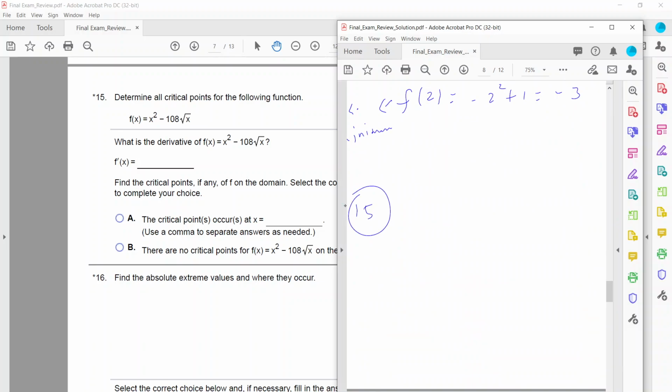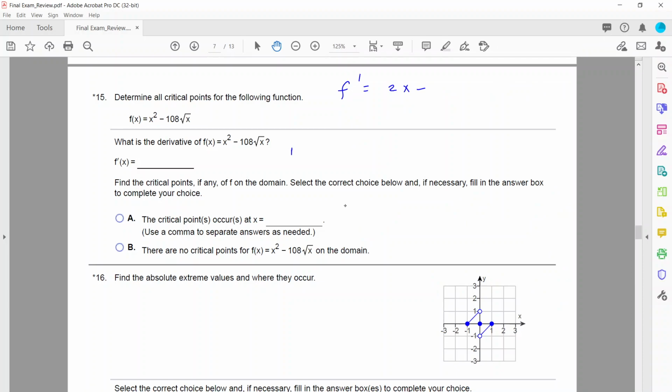The derivative of x to the power half is half times x to the power half minus 1, which is negative half. So eventually it is 1 over 2 square root of x. The derivative of the second part would be 108 divided by 2, which is 54 over square root of x.